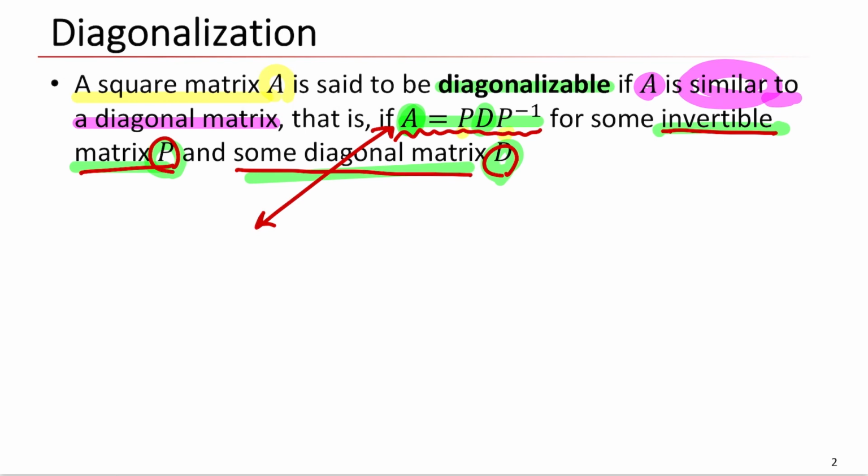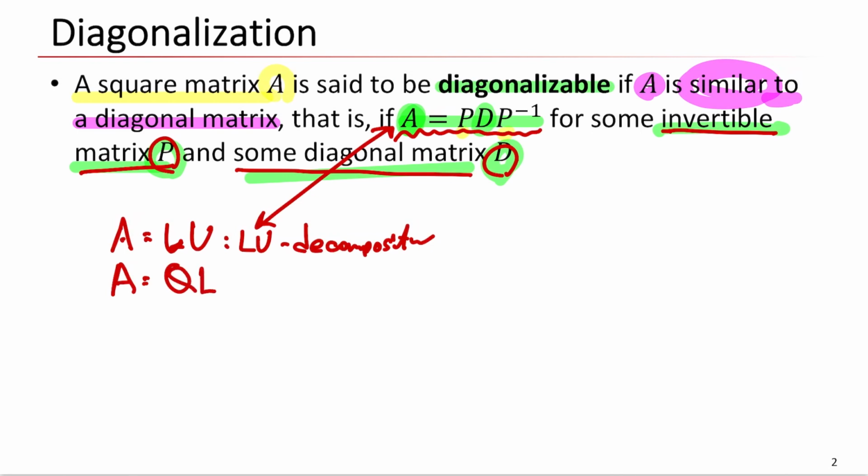So far we've talked about several kinds of decomposition methods, right? What was that? First of all, we've talked about LU decomposition. And there was QR decomposition, something like this.